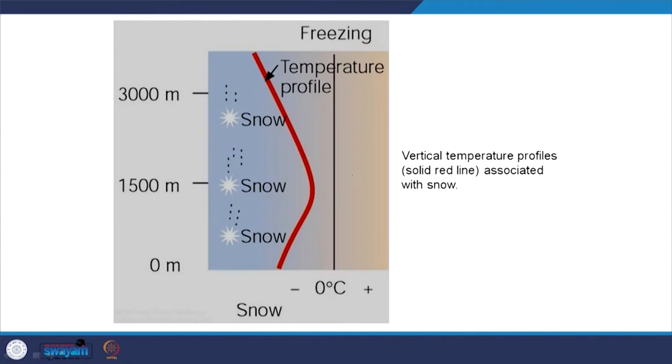Let us say you take a location in the polar region. What you will see is that the temperatures are sub-zero everywhere, at the ground, at 10 kilometers, or at 15 kilometers, whatever it is. So at all heights the temperature is sub-zero.